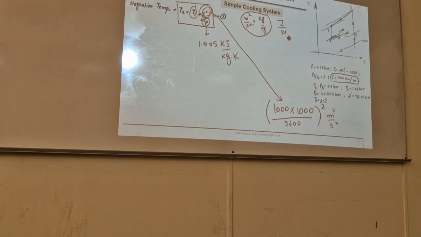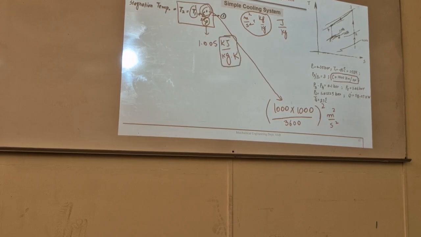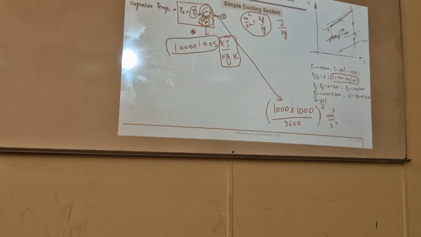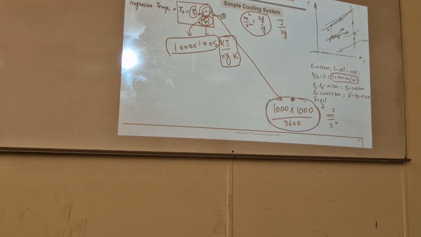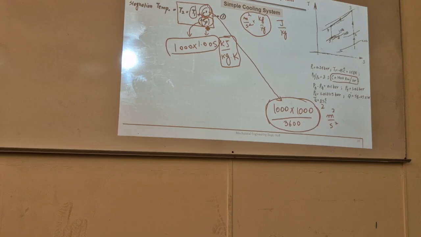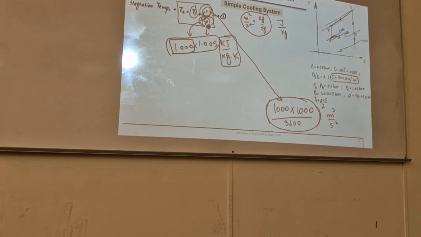Actually, this term is representing joules per kilogram. In the denominator, we have kilojoules per kilogram. So in the numerator, we have this term in meter square per second square divided by 2 into Cp, but you have to multiply with 1000 because here we have kilojoules per kilogram.